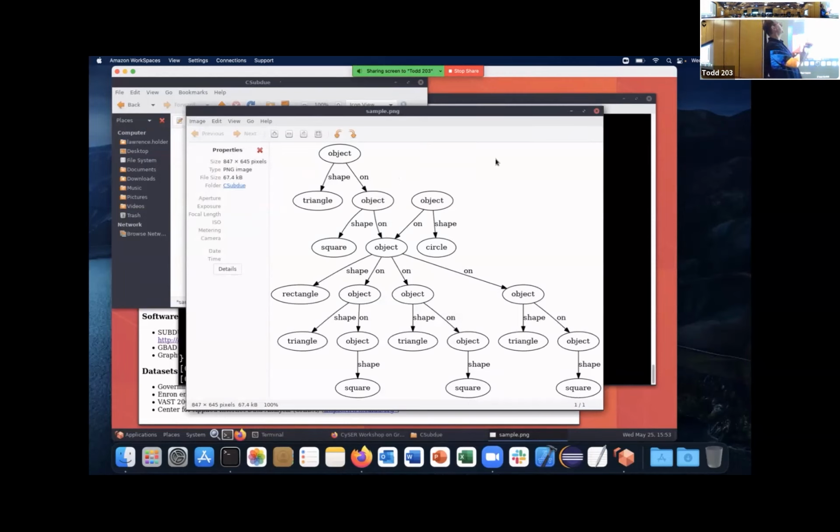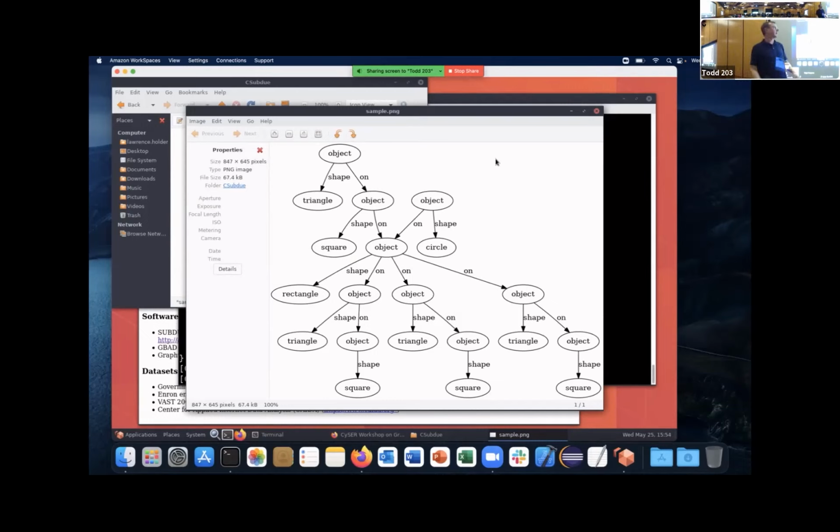So I don't know what image viewer that is, whatever comes with this distribution. There you can see more standard graph. You don't see triangles and squares anymore. You just see the labels. But that's obviously more like what Subdue is dealing with to try to find these patterns.